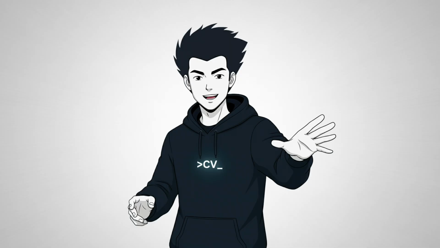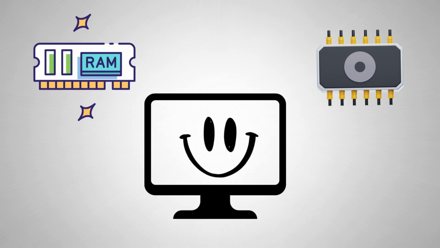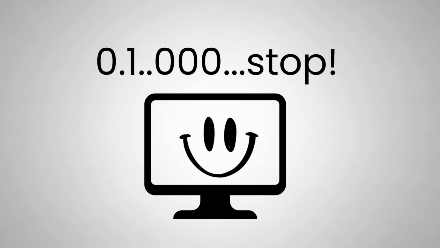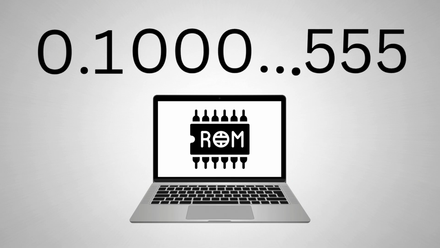But here's the catch. Computers don't have infinite memory. They have to cut off these repeating digits somewhere, usually after 53 binary digits for a standard number. When your computer stores 0.1, it actually stores something like 0.1 followed by 15 zeros and then 555, just slightly more than 0.1.